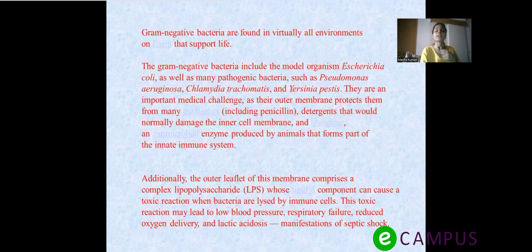That antibiotic doesn't damage these microbes, because they have a cell wall structure that protects them from the antibiotic. Clear? It also protects from detergent that would normally damage the inner cell membrane, and from an antimicrobial enzyme produced by animals that forms part of the innate immune system.